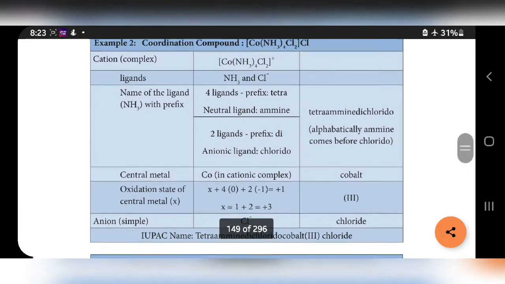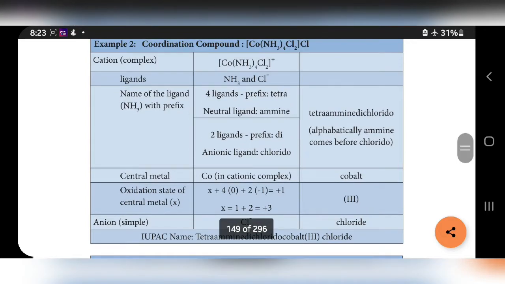Next one, anion. Here the anion is Cl minus, that is chloride. So here chloride is given. If I add all these details, you will get the name of this coordination compound. You already know how this compound is ionized. This group has positive charge and this group negative charge.